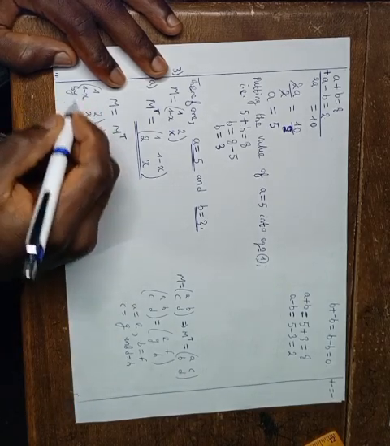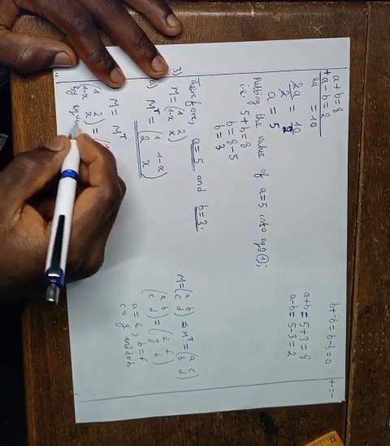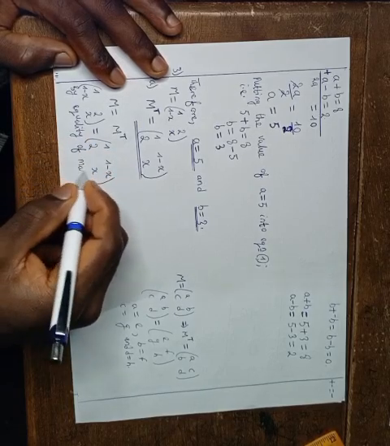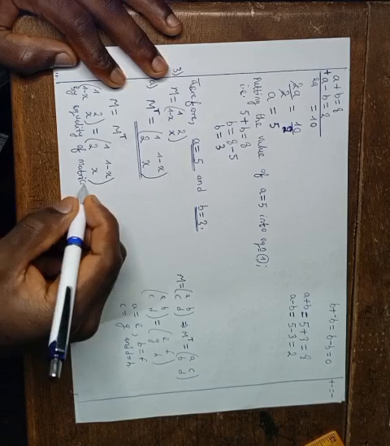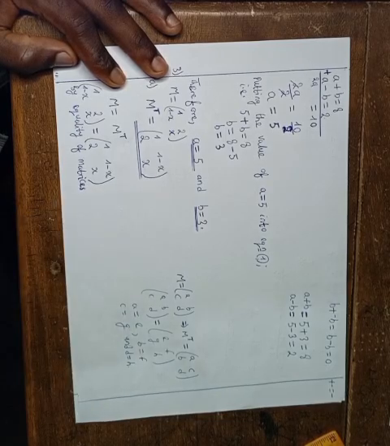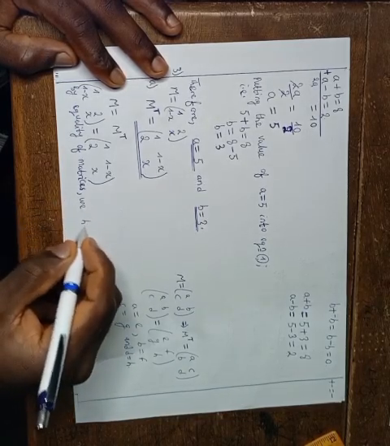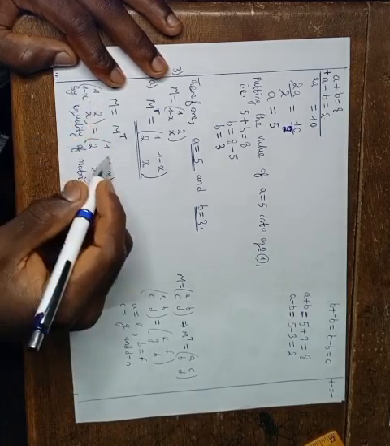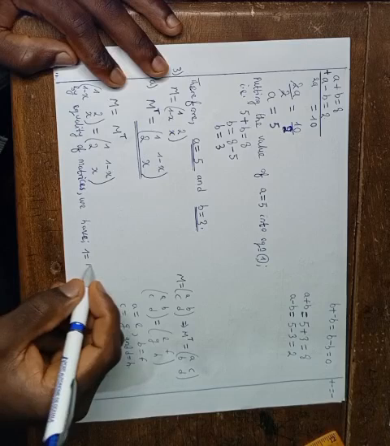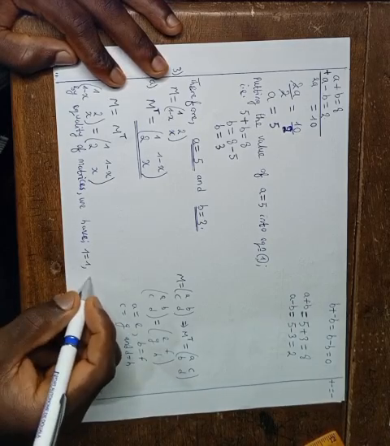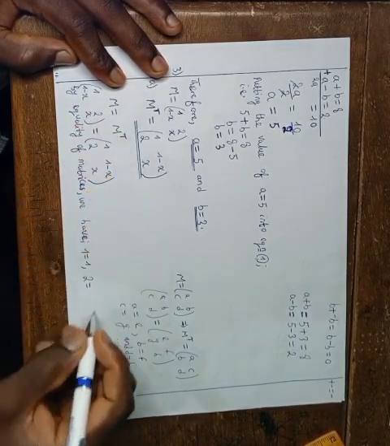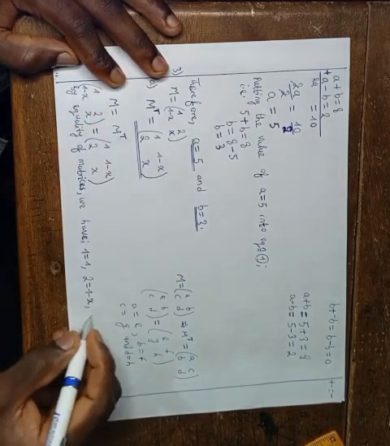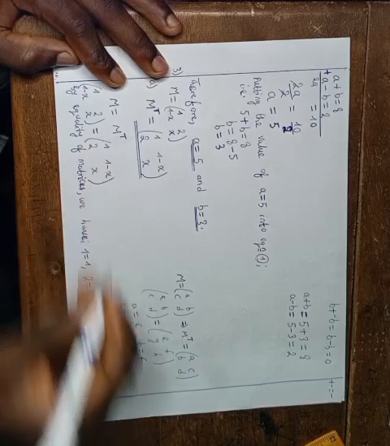So by equality of matrices, we have 1 is equal to 1, which is true. 2 is equal to 1 minus x, which is true. 1 minus x is equal to 2, which is true.